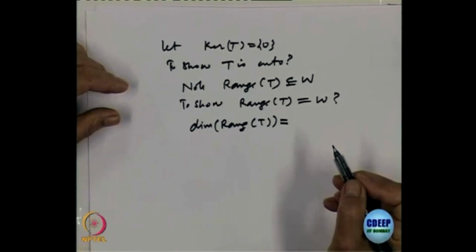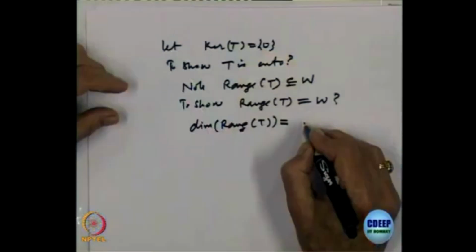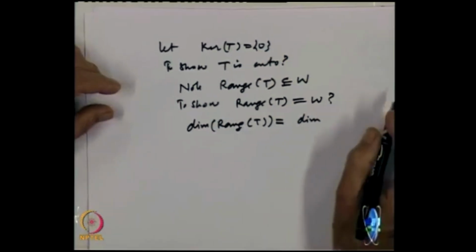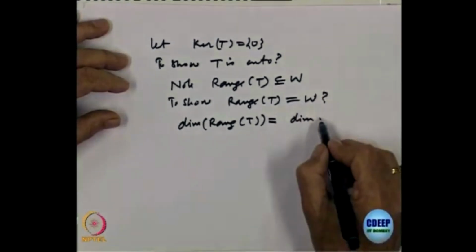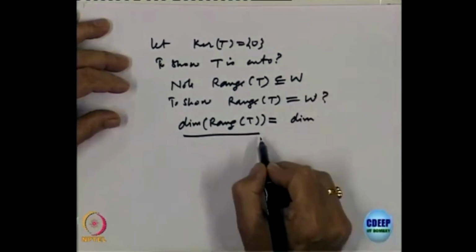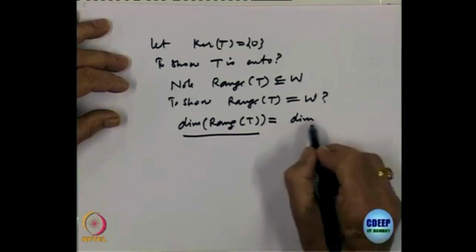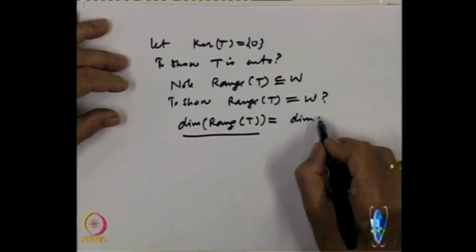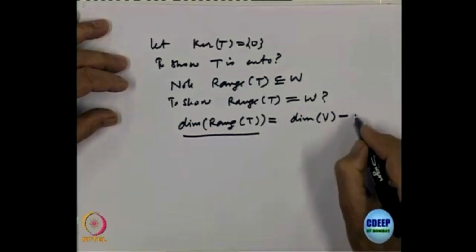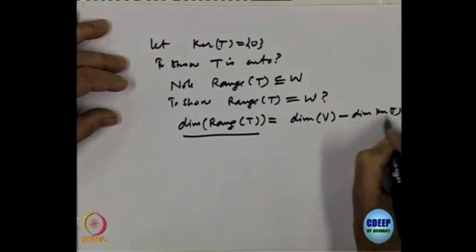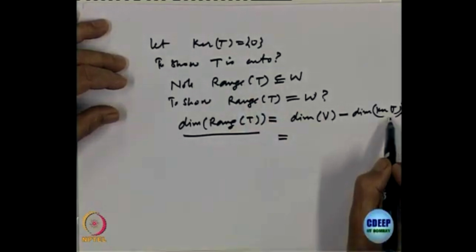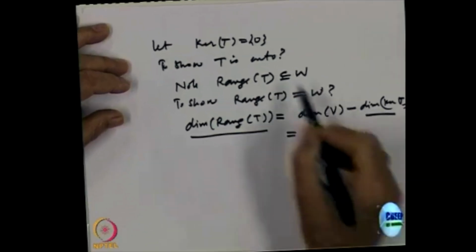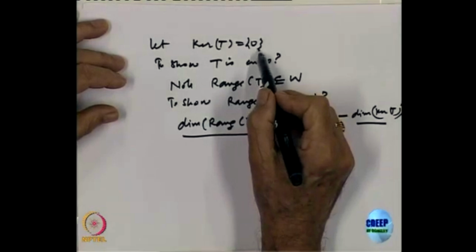From the rank nullity theorem, rank is the dimension of the range, so the dimension of the range should be equal to dimension of V minus dimension of the kernel of T. But the kernel is 0, so its dimension is 0.